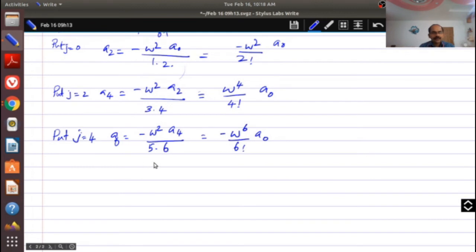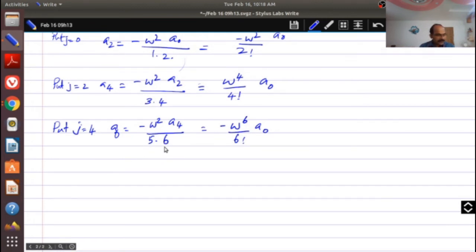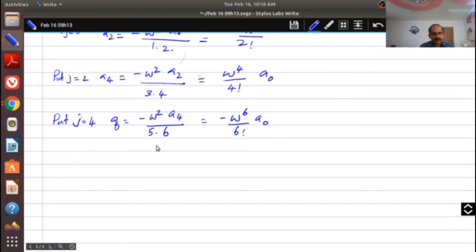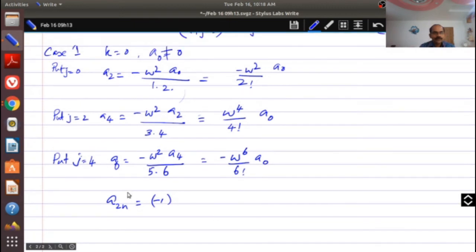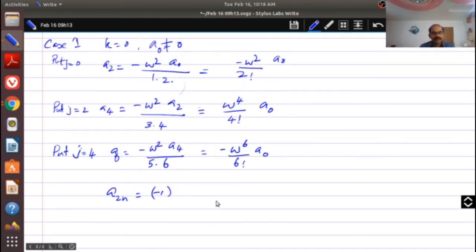So let's look for, what is j equal to 2n. Okay, all even numbers will be coming. So what is the general term? a2n is equal to, there is a minus term coming in, so alternately, when n is 1, a2 is minus, there is a minus sign, so that is easy.